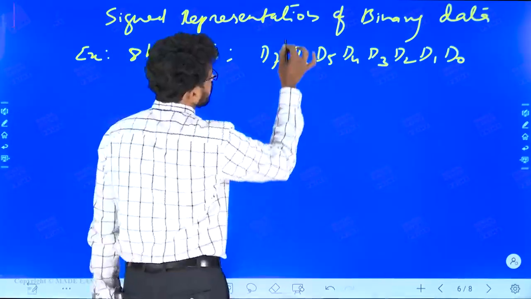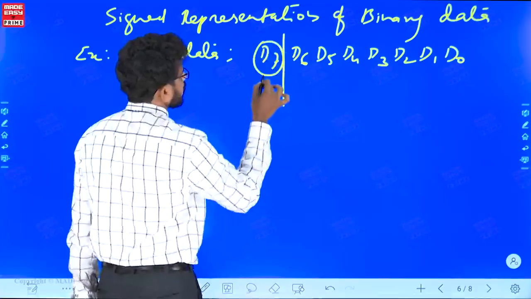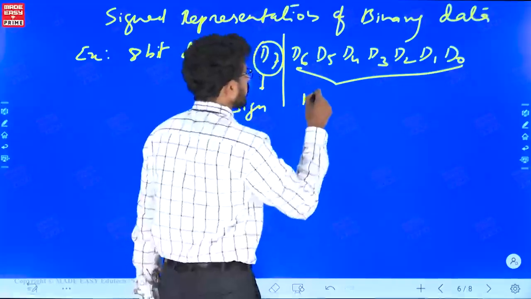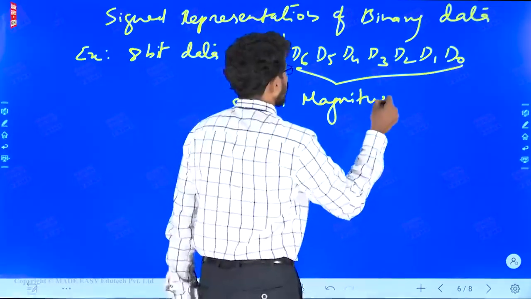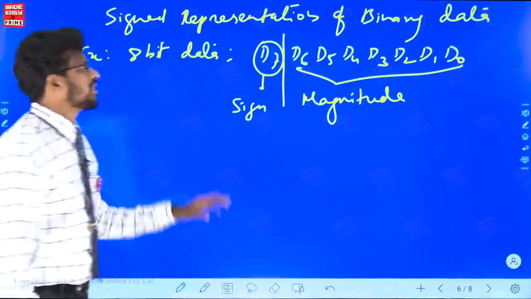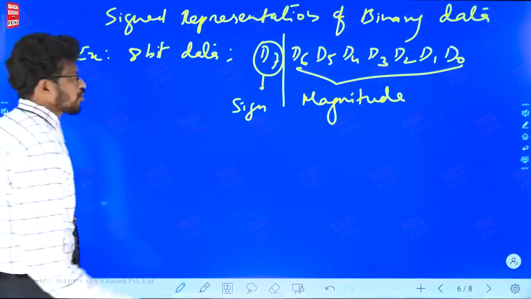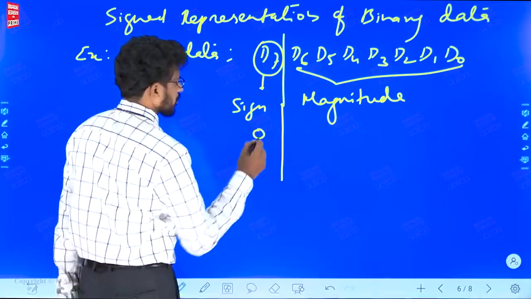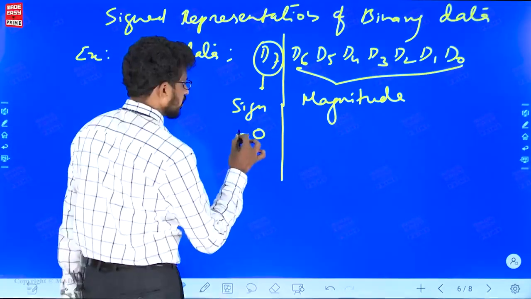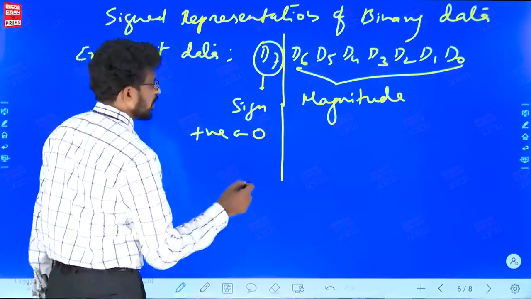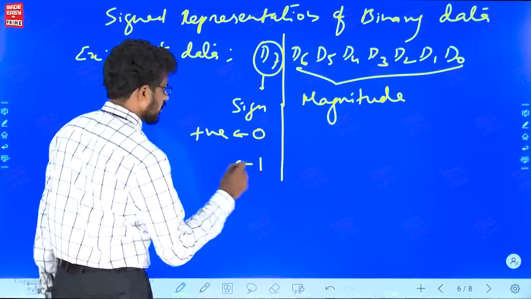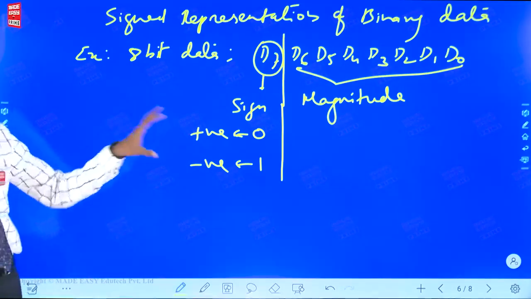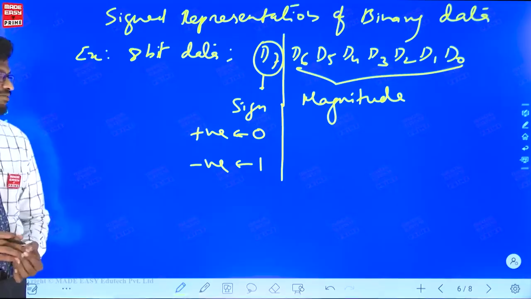So here the last bit, this bit will represent the sign, whereas the remaining bits will represent the magnitude. This is the meaning of sign. So how does it represent? If this bit is 0, then it indicates that this value is a positive value. If the last bit is 1, this indicates this value is a negative value. So this is what we call signed representation of data.